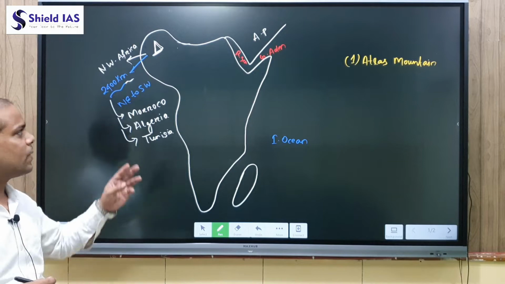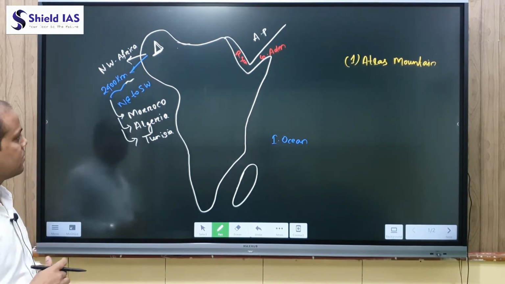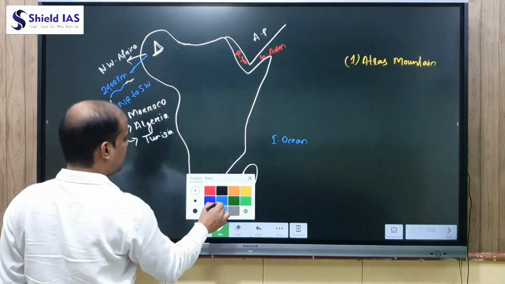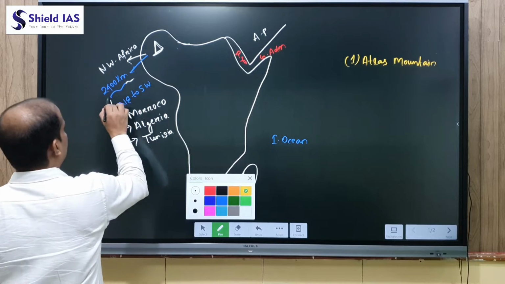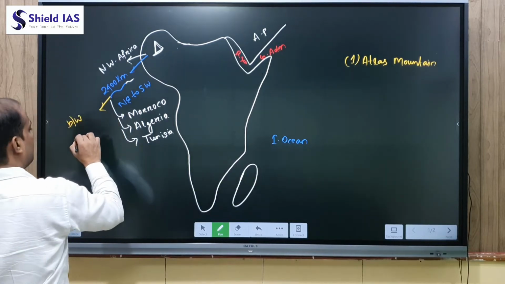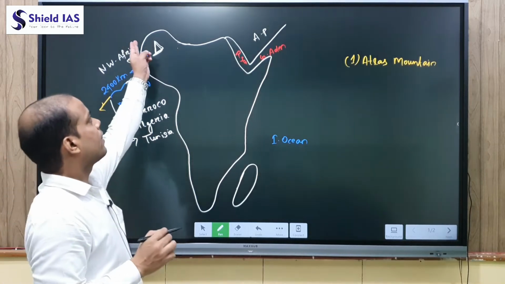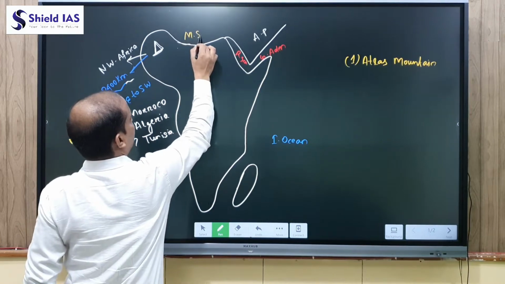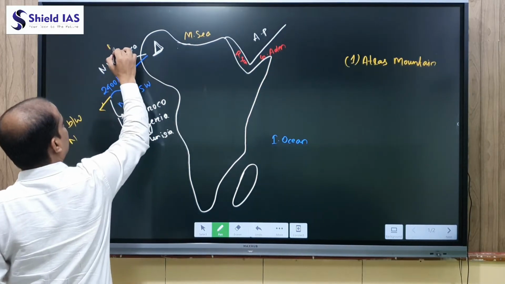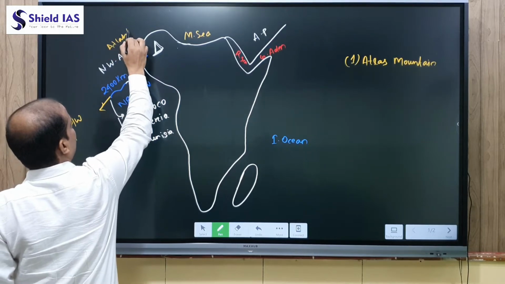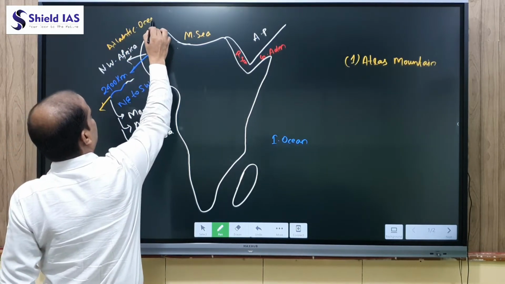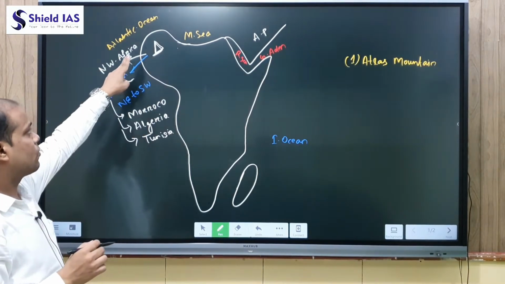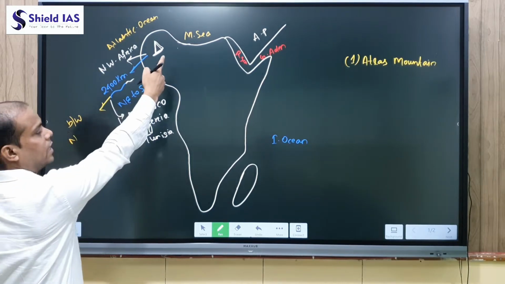So there are three countries which pass through the Atlas Mountains, and this Atlas Mountain acts as a physical separator between the extensive coasts, that is the Mediterranean Sea, here, and the Atlantic Ocean, here.